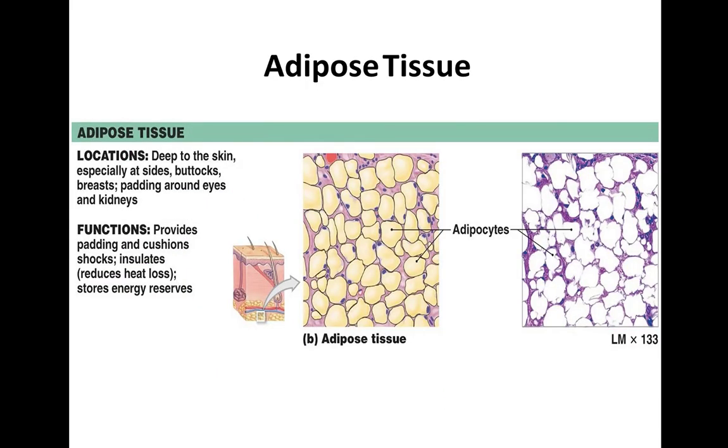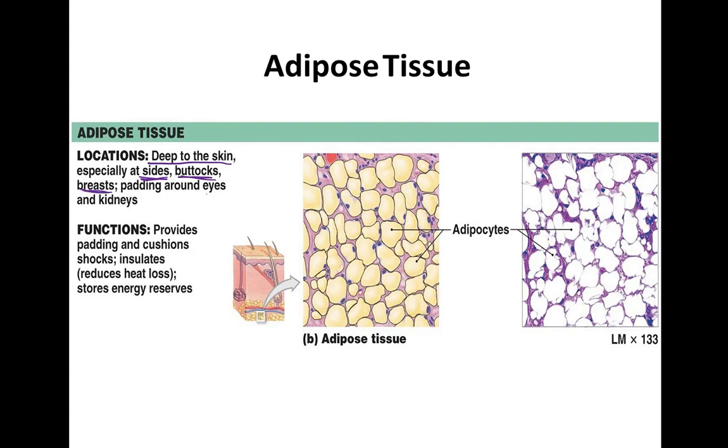Next up, a connective tissue that surprises people sometimes, adipose tissue. Adipose tissue is fat-storing tissue. It's located deep to the skin, meaning just under the skin, and is especially prevalent at the sides of the abdomen, on the buttocks, around the breasts in both men and women.